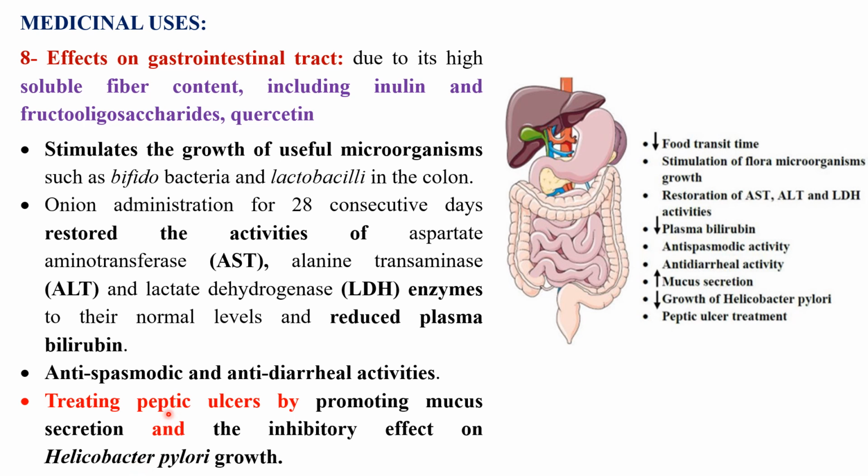So it works by two different mechanisms against peptic ulcer: treating the root cause, which is Helicobacter pylori infection, and also treating the symptoms, the reason for the pain, which is the mucus lining. So it's very effective here.